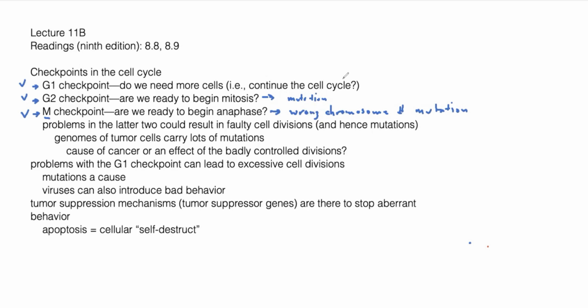And the thing about this is that mutations are actually one of the ways in which we can detect problems with the checkpoints, and we'll get into this in the future. But here's the thing. I mean, not surprisingly, if we have cells that are undergoing continual cell divisions, that's going to give us faulty cell divisions and these mutations.